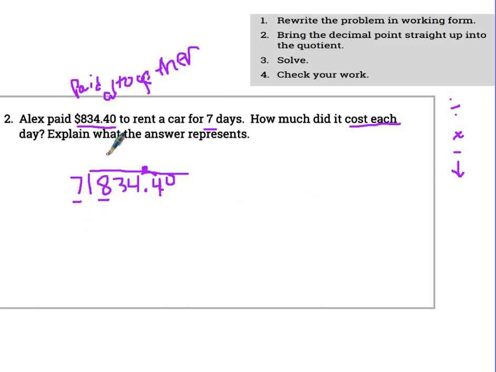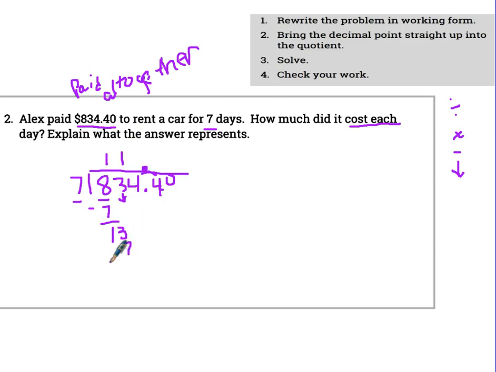7 will go into 8 one time, multiply back, 7, subtract 1, 1 is less than 7, bring down the 3. 7 goes into 13 one time. 7 times 2 is 14, so it cannot go 2 times.